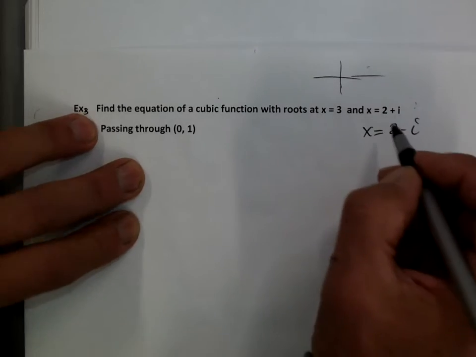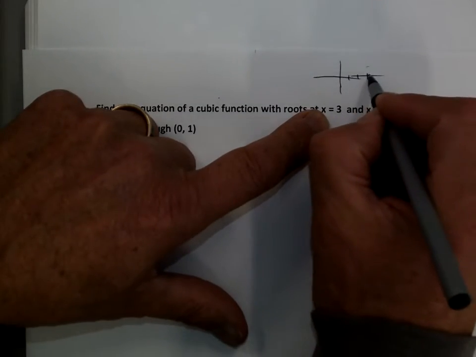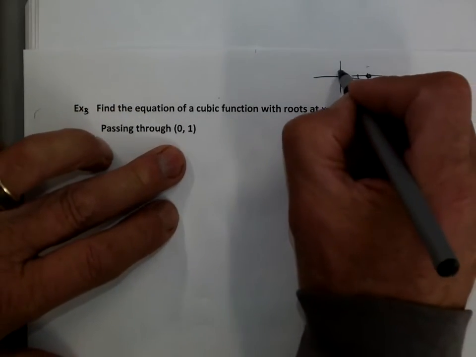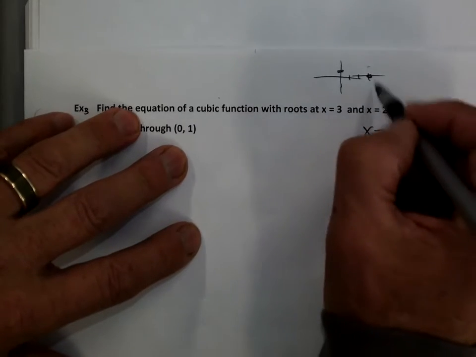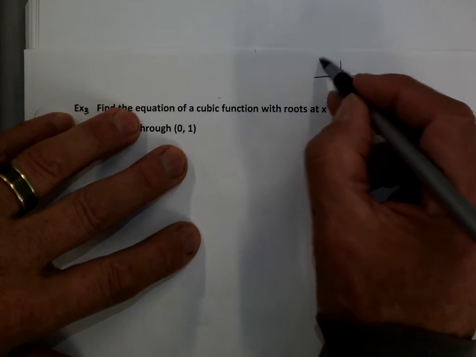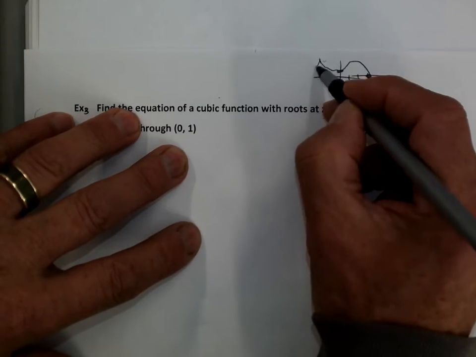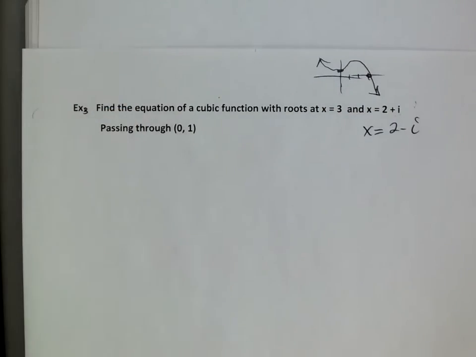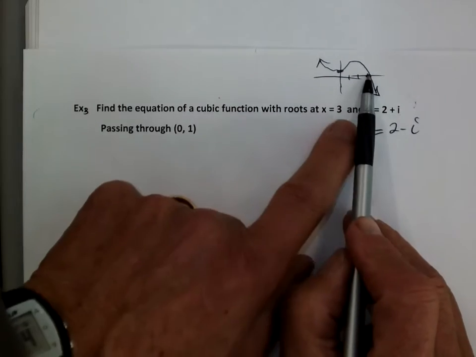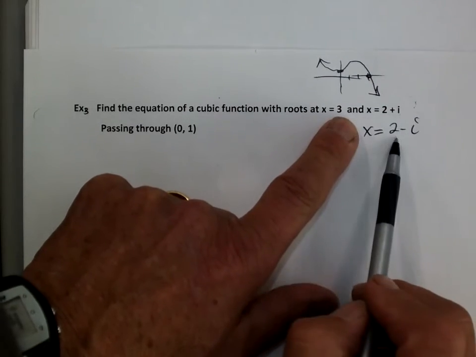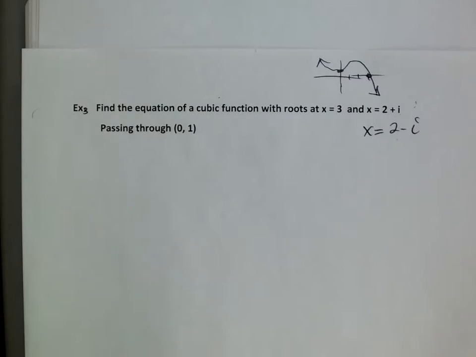I'm going to give you a sketch. It goes through the point 0, 1. It's probably going to look something like this, where it only goes through once at 3, and it doesn't go through again because these are imaginary roots. So let's go ahead and figure this out.